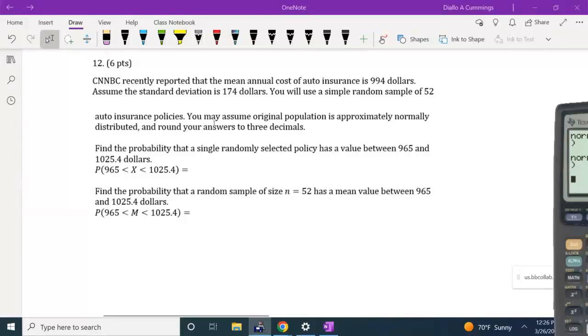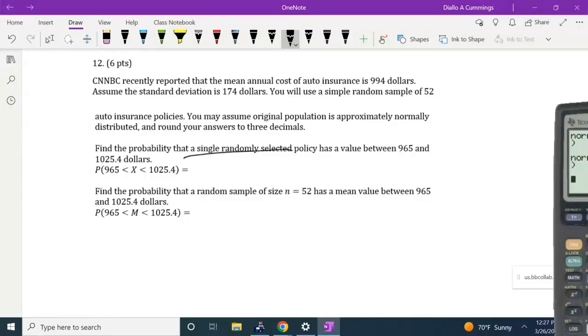Round your answers to the nearest 3 decimal places. So it's a standard normal distribution. The first one says find the probability that a single randomly selected policy has a value between $965 and $1,025.40.